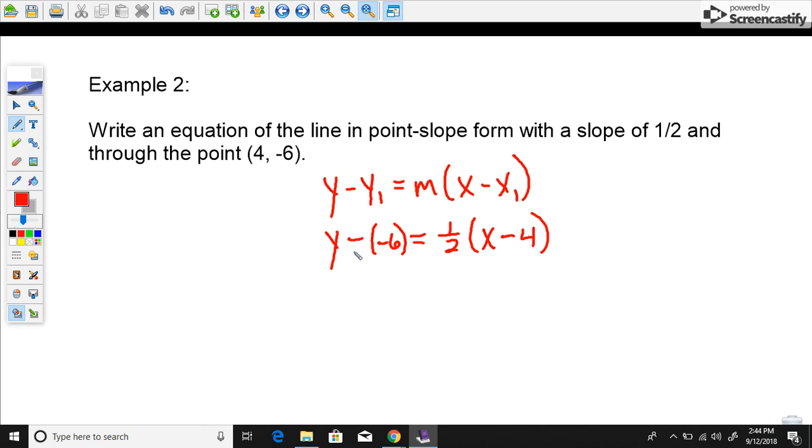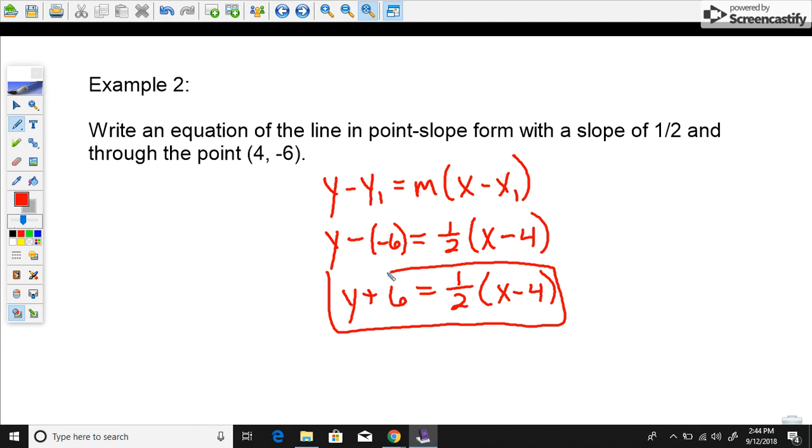Now I'm going to clean this up a little bit because I don't want double signs here. So instead of saying y minus -6, that is the same as saying y plus 6. Everything else is going to stay the same. So this is going to be the point-slope form of this equation.